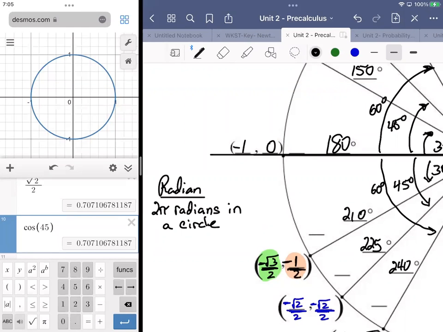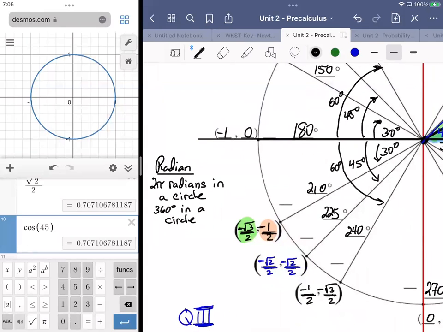There are 360 degrees in a circle. Therefore, the conversion factor would be 2 pi radians is equal to 360 degrees.